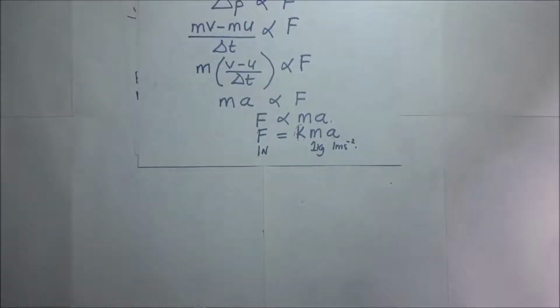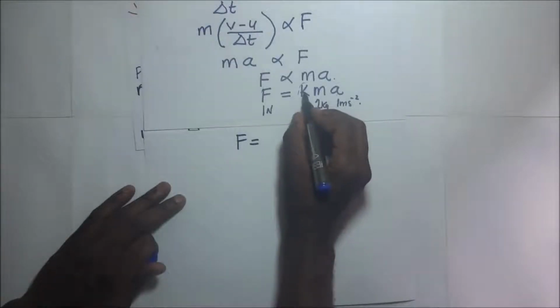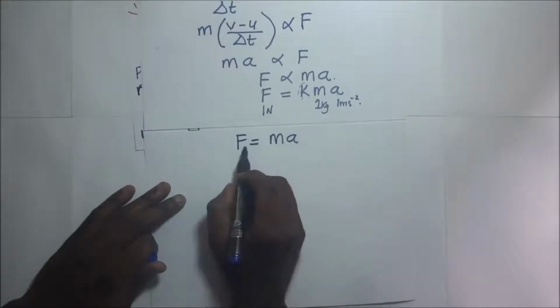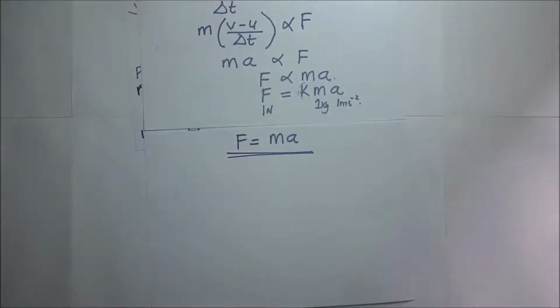And since k equals 1 under those conditions, we conclude that F is equal to k, which is 1, times m times a. So F equals ma is an equation that is also used to define Newton's second law of motion.